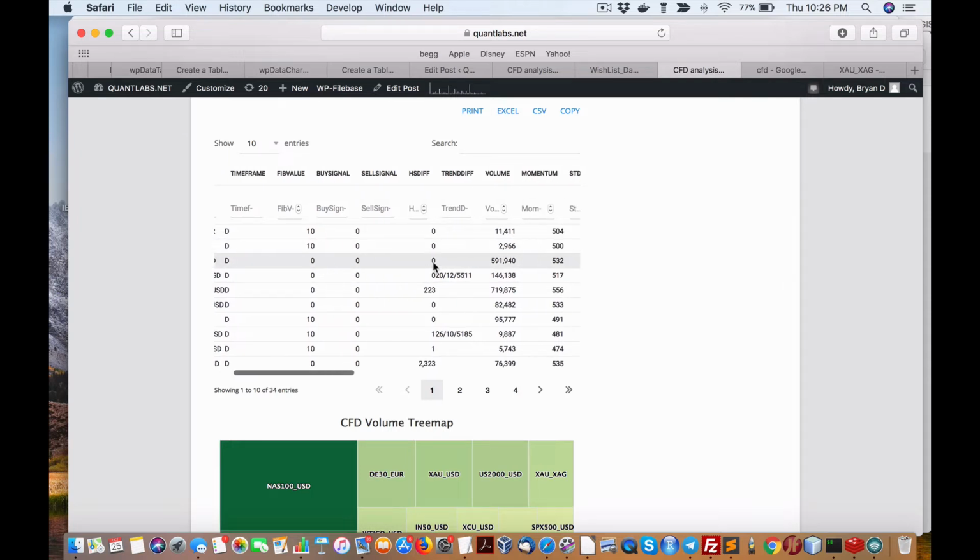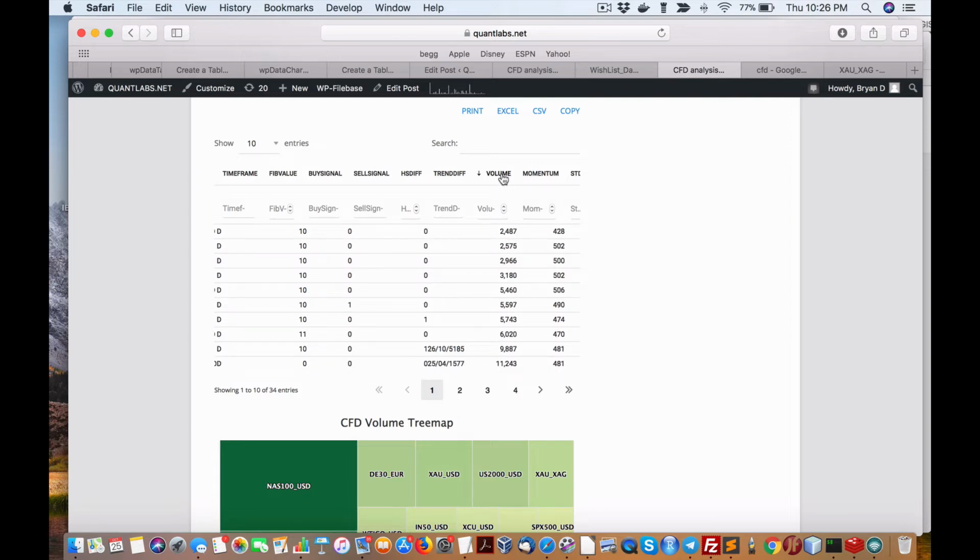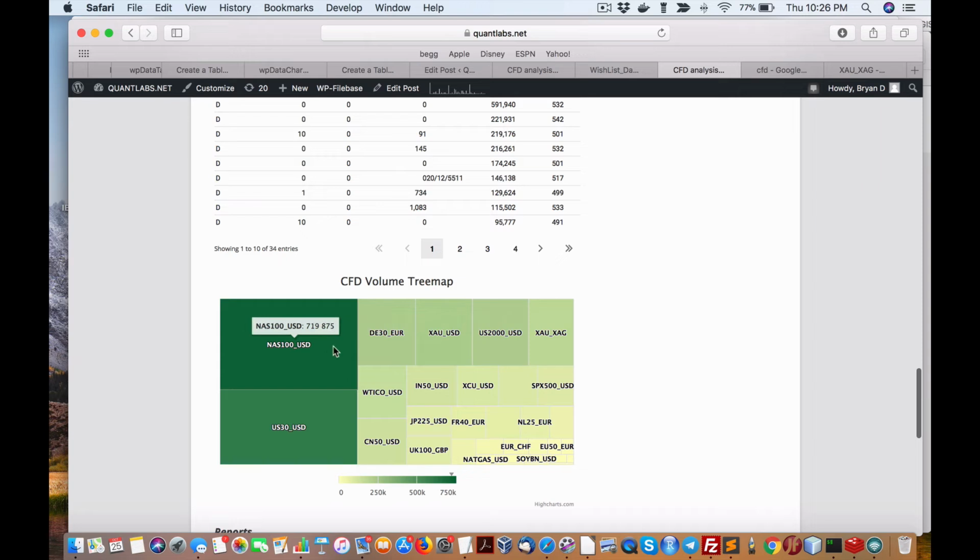So one thing that I do watch, this is kind of surprising, is volume, which is called a tree map. So you can see here what the largest volume is. Of course, this is NASDAQ 100. This is the US top 30, Deutsche top 30. I believe that is gold, and then Russell 2000, and then that ratio I told you, gold to silver, and so on.